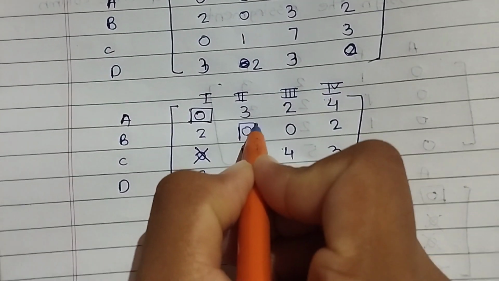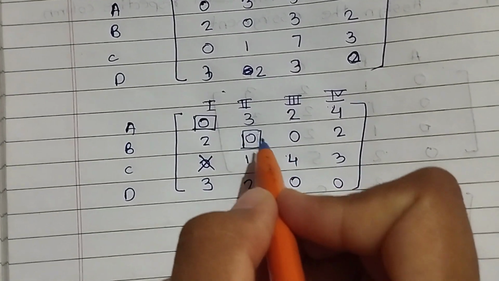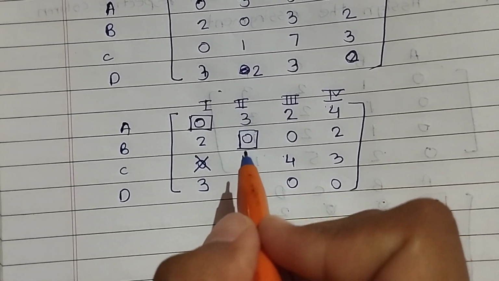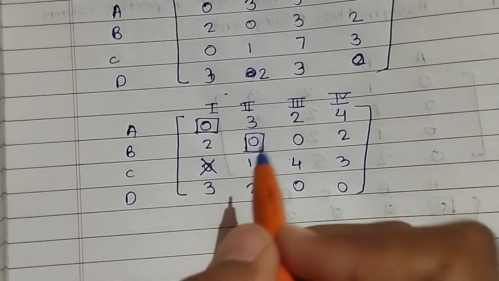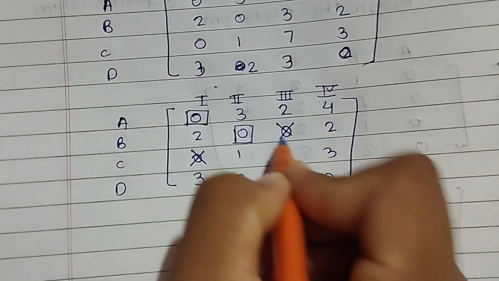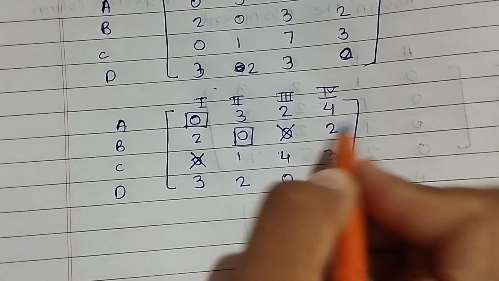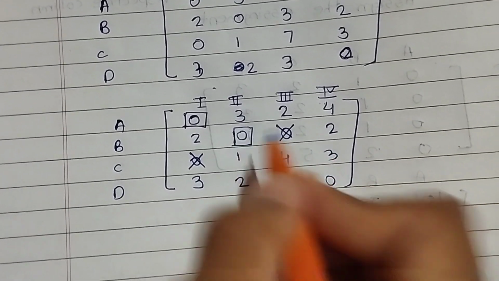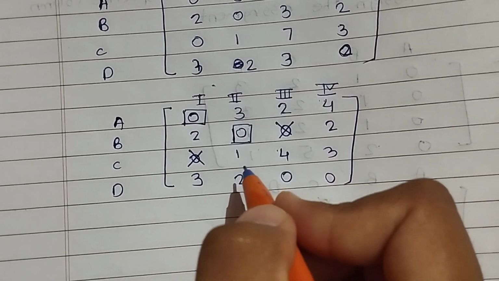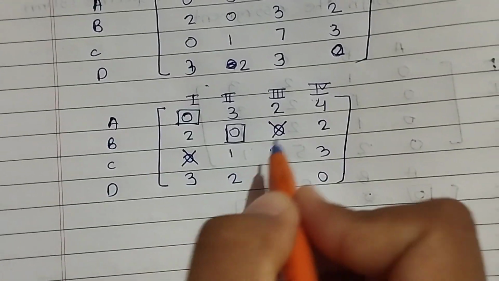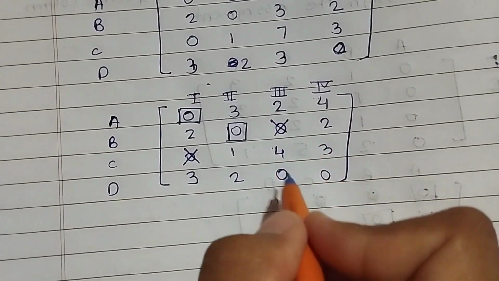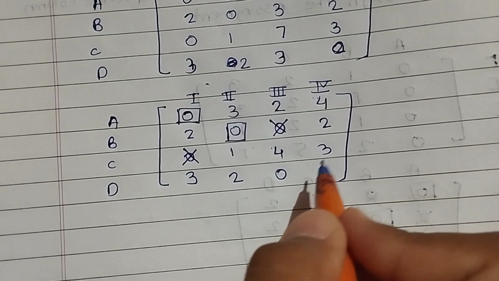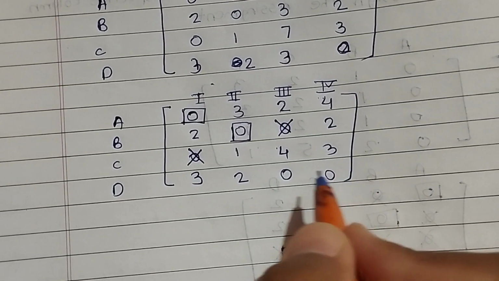So this is our assignment, and all the zeros in its column and row get crossed. This 0 is crossed because it is in the respective row of the assignment.